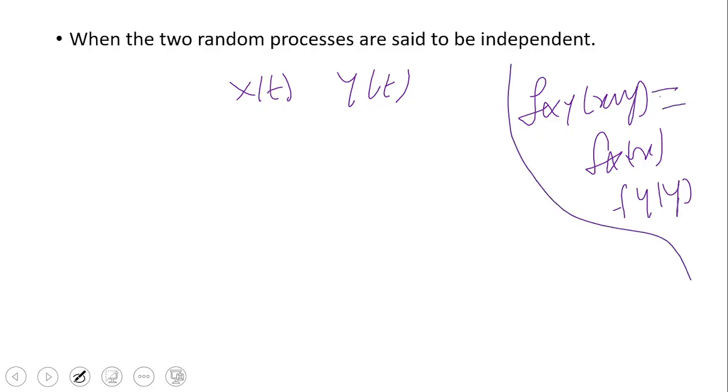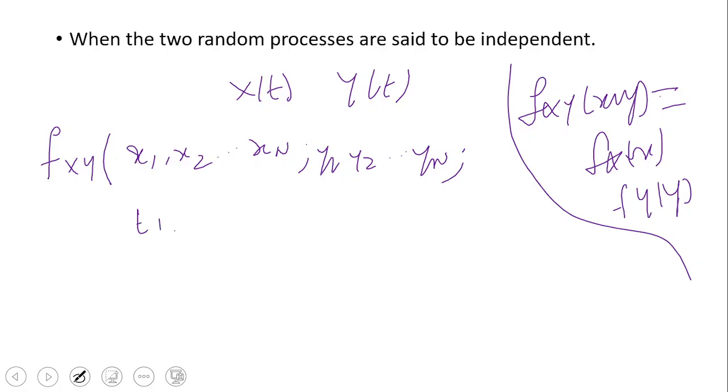The same formula here, we will write fXY of x1, x2 and so on xn; y1, y2 and so on up to yn; t1, t2 and so on up to tn, t1 dash, t2 dash and so on up to tn dash. That's why x1, x2, x3 up to xn and y1, y2 up to yn.